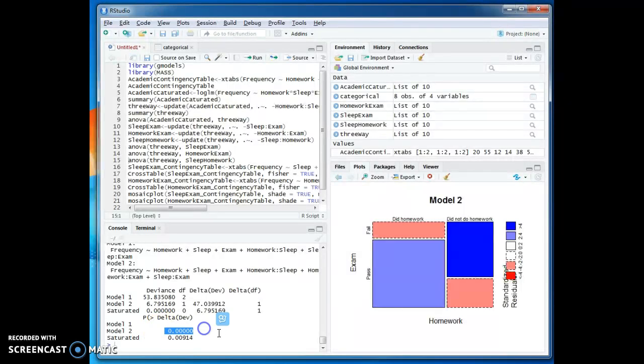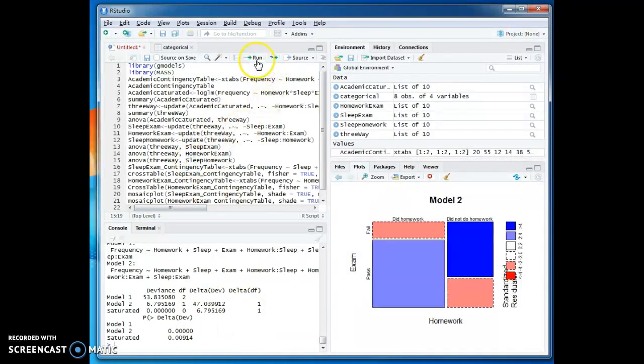The p-value is also less than 0.001, which means it is significant, and we can conclude that the interaction between homework and exam is a significant factor in making this model a good fit. So we don't want to remove this interaction.